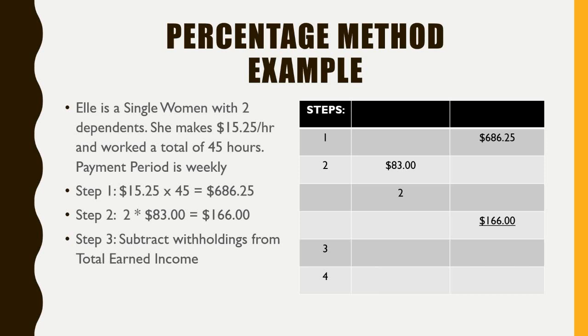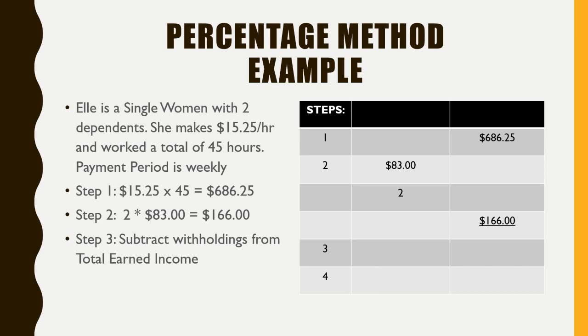Okay? So step 3 is we deduct that from her gross earned wages to get her total taxable income, which is what we're actually going to tax. We'll look in the table of the Circular E to find the exact section that tells us what percentage to tax her at.